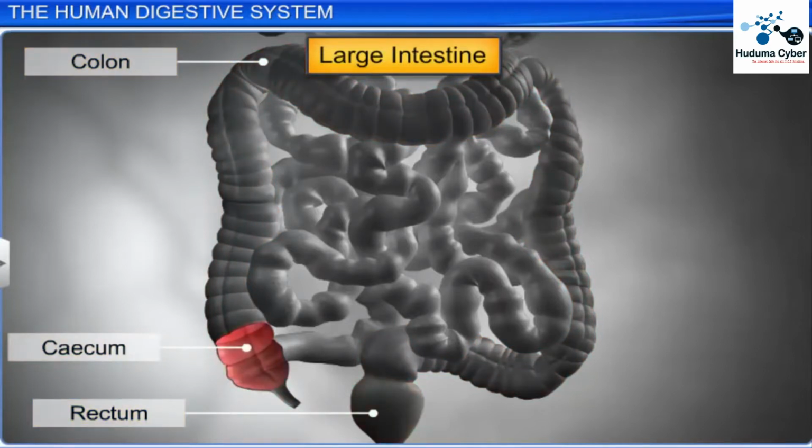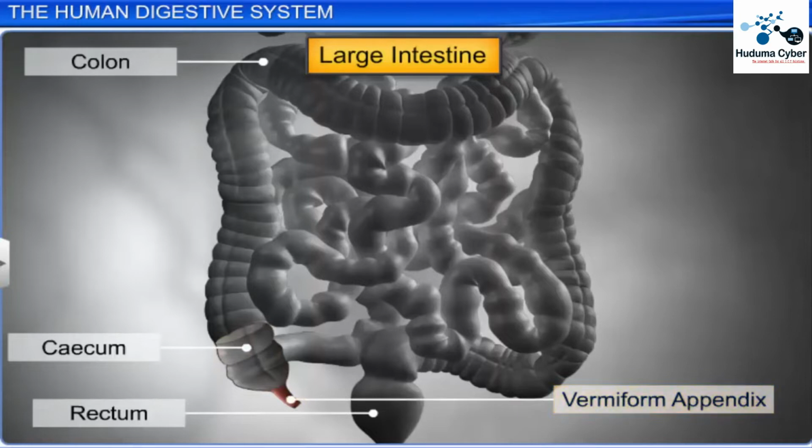The cecum, a small blind sac which hosts some symbiotic microorganisms, is not as developed in humans as in ruminants. Moreover, in humans, the cecum gives rise to a narrow finger-like tubular projection called the vermiform appendix, which is a vestigial or functionless organ.